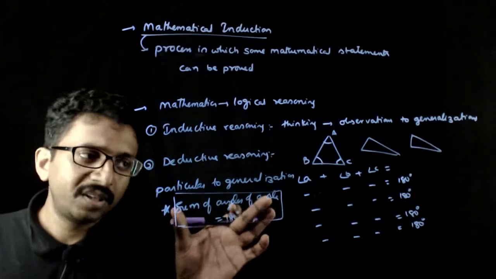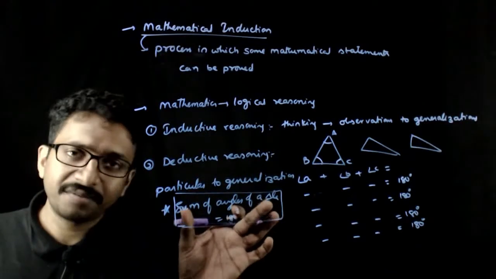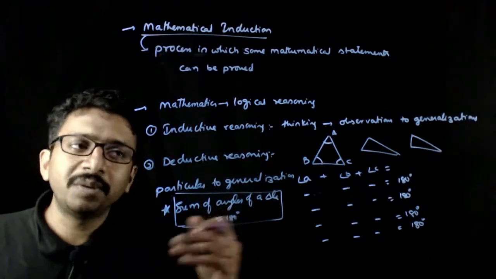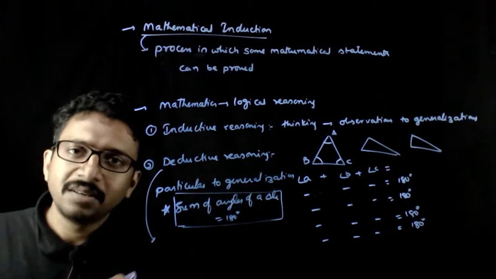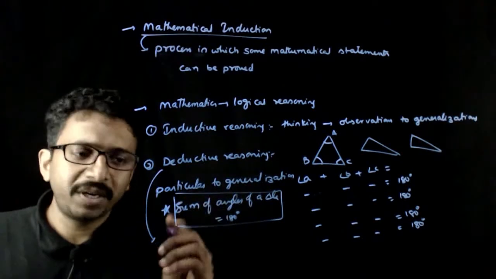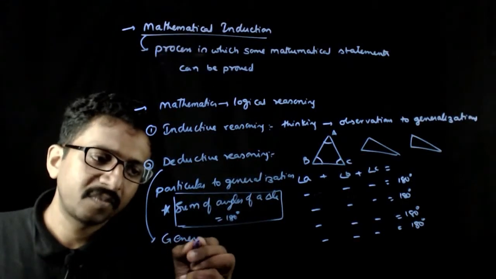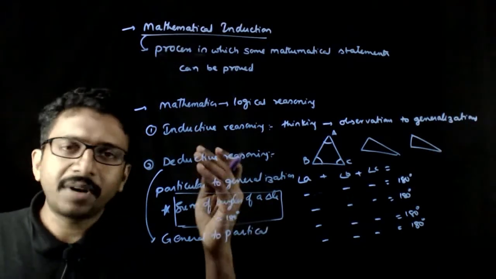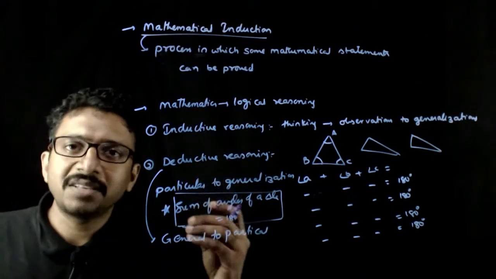To prove that the statements you get from inductive reasoning are true, you have to prove them using deductive reasoning. Deductive reasoning goes from general to particular. You take a general result and try to prove it from basic assumptions.